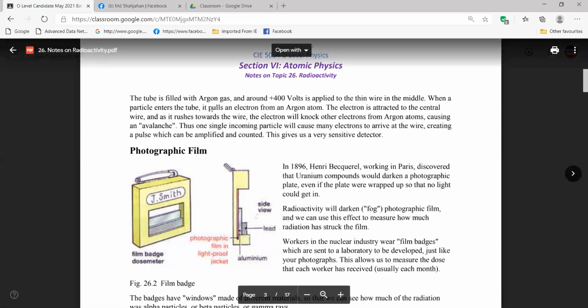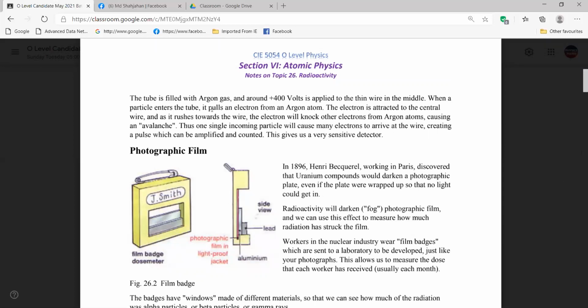Can you remember this? So you understand what is called ionizing. Ionizing means to take an electron out of a neutral atom and making that atom an ion. Is it clear?